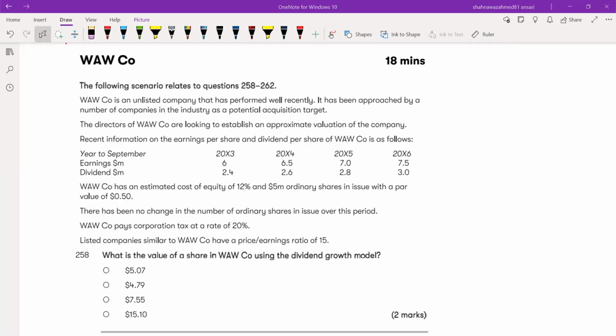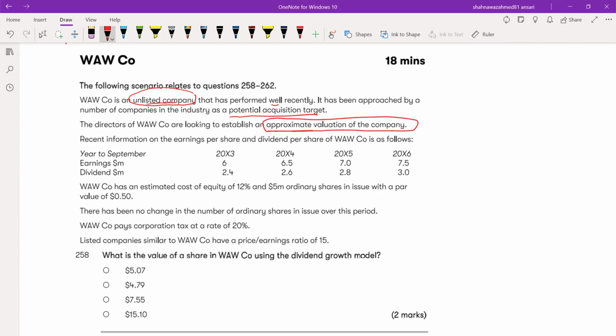Next question is: WAW Co is an unlisted company that has performed well recently. It has been approached by a number of companies in the industry as a potential acquisition target. The directors are looking to establish an approximate valuation of the company.